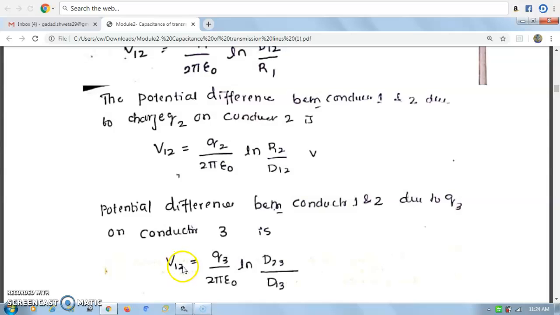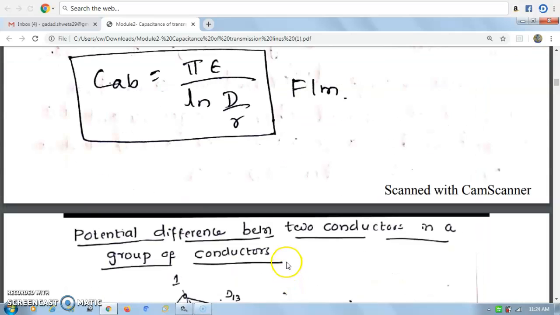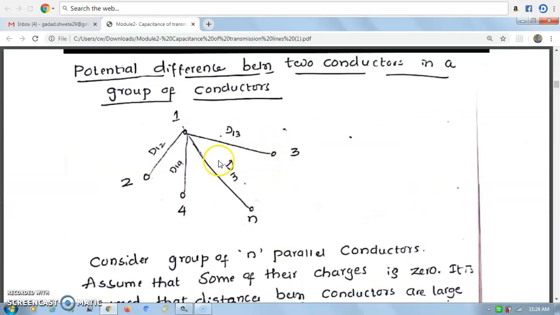So the second distance is between conductor 2 and the third conductor, and the first distance is between conductors 1 and 3, that is 2 3 divided by 1 3. Due to the Q3 charge, V1 to 2, this is the second one and this is the first one. Therefore, the second distance is 2 to 3 and the first is 1 to 3.